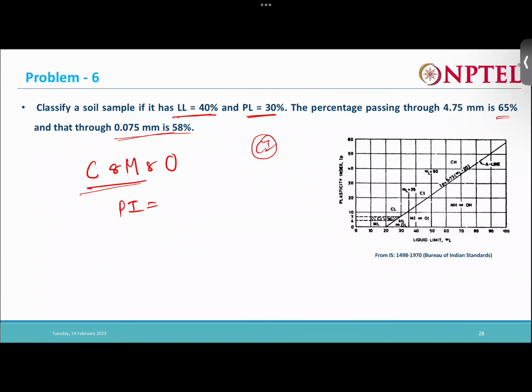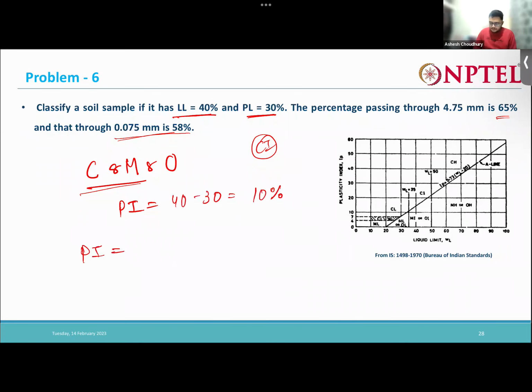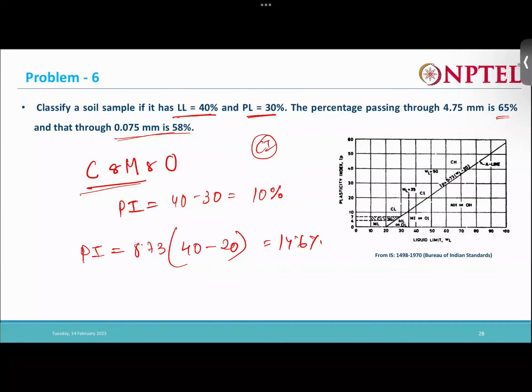What is my plasticity index? 40 minus 30 equals 10, so 10%. Now find the plasticity index from the A line: 0.73 times (liquid limit minus 20). It is 14.6. So 14.6% is our plasticity index.